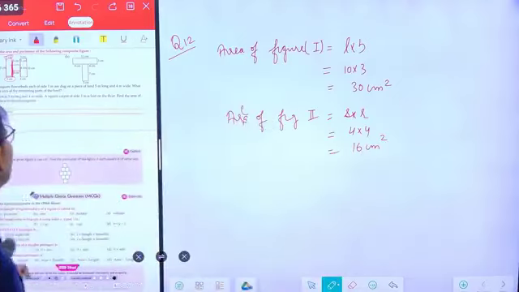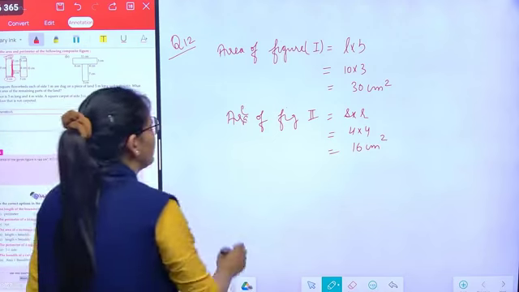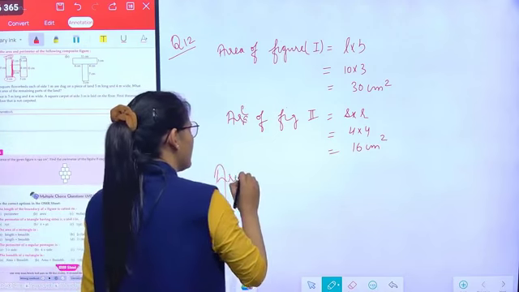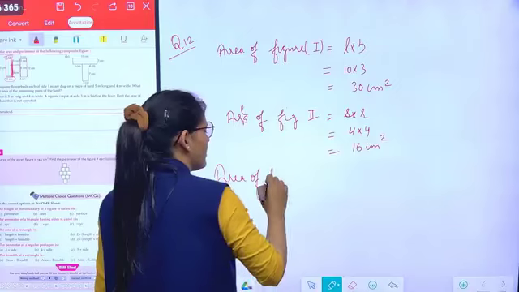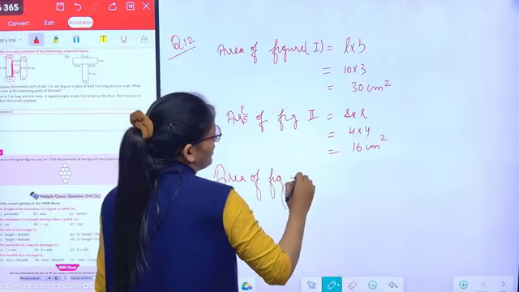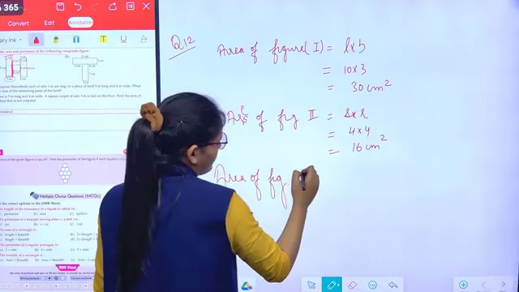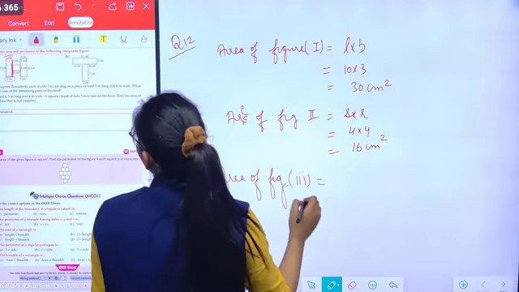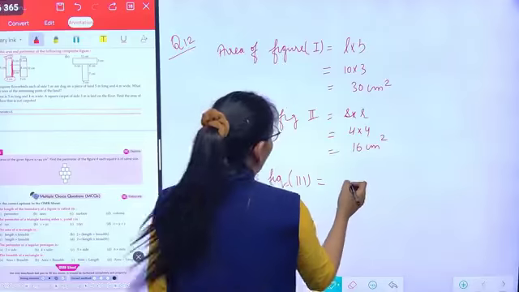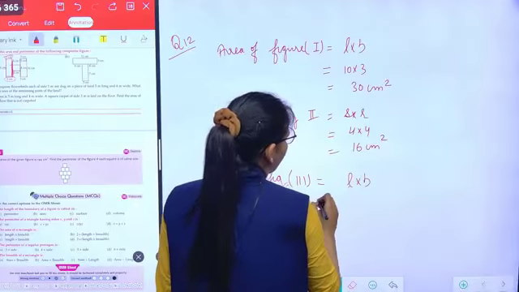Now class again area of figure third, that is length into breadth again.